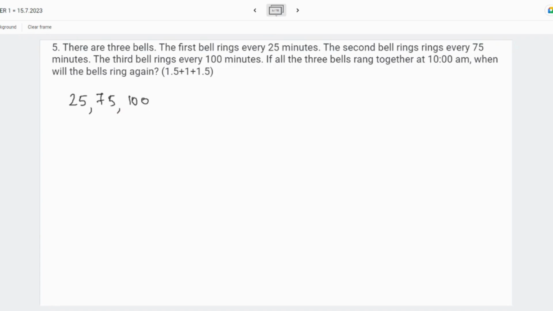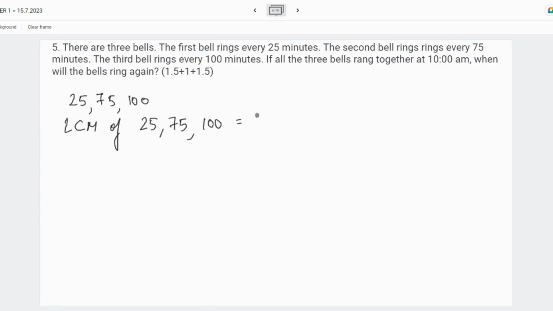Now, just to get rid of the confusion, let us just forget that in the question it is given 10 a.m. Suppose it is simply written three bells are ringing every 25 minutes, 75 minutes and 100 minutes. So after how much time or after how many minutes will all the three bells ring together again?